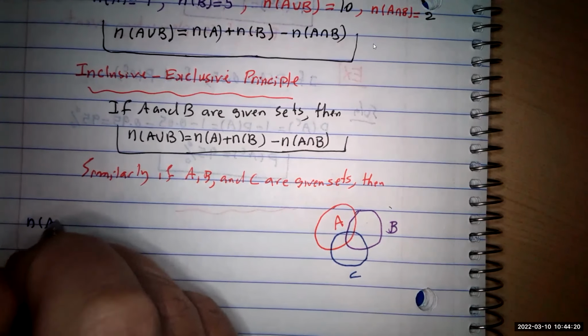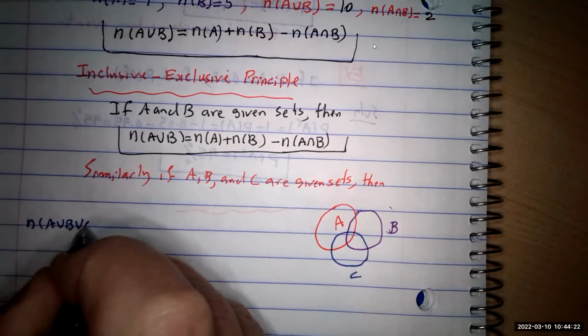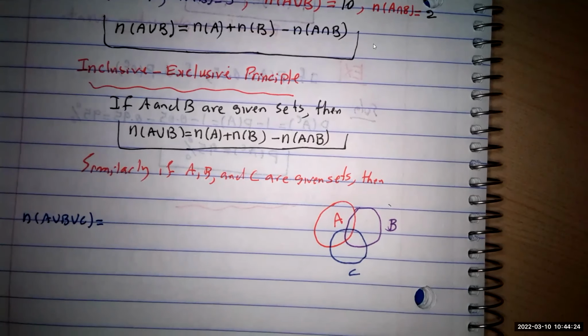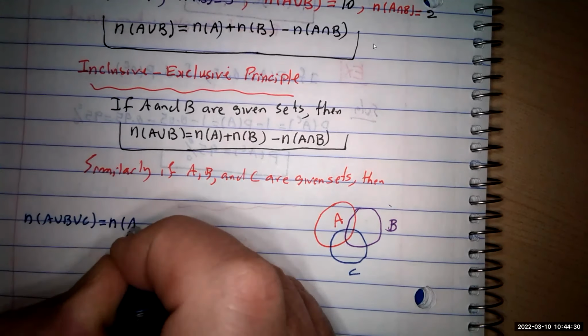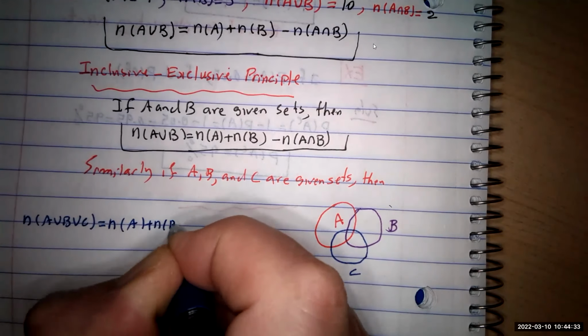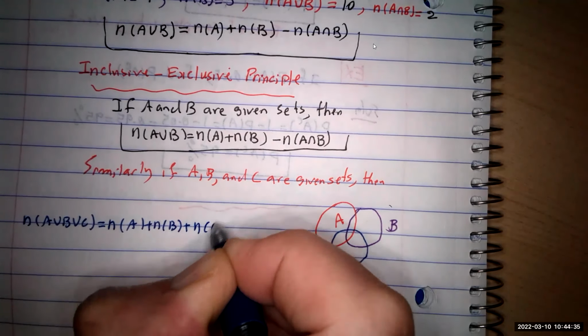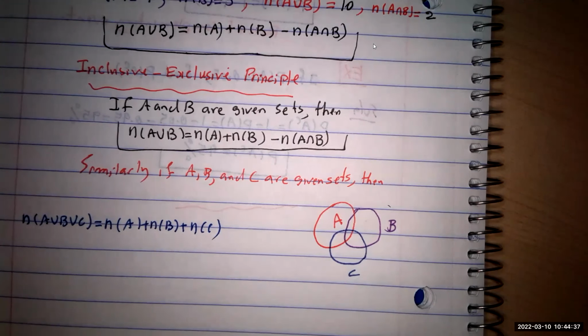N of A union B union C means the members in all the 3 sets. You have to include the members in each set, N of A, N of B, N of C. You see? Then you have to subtract their intersections.